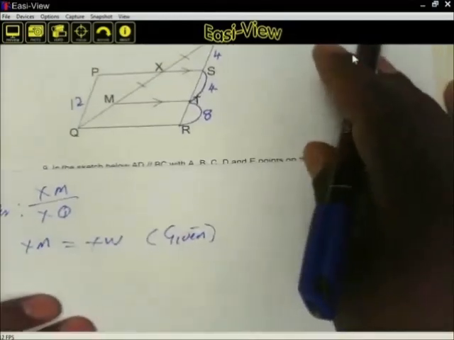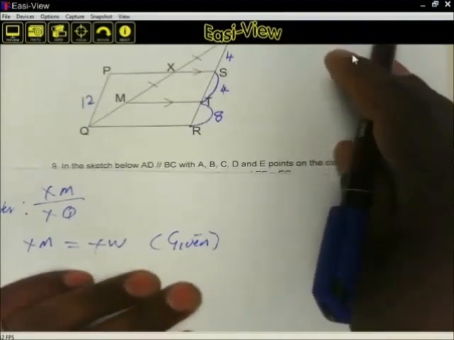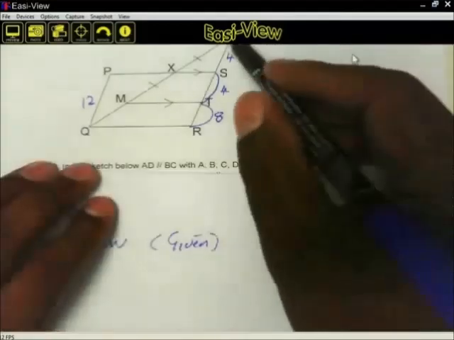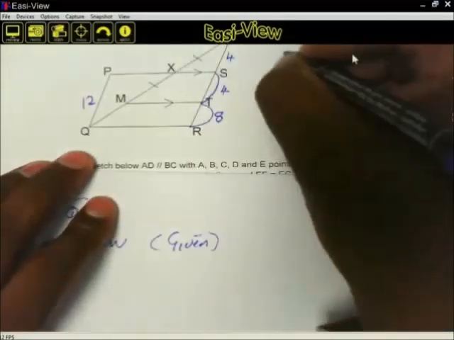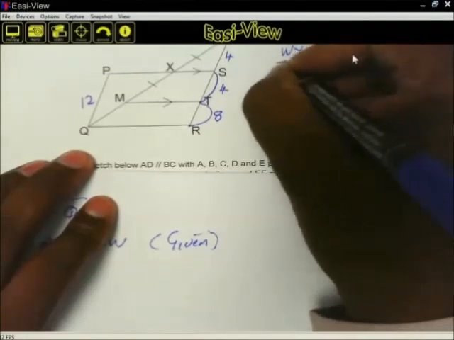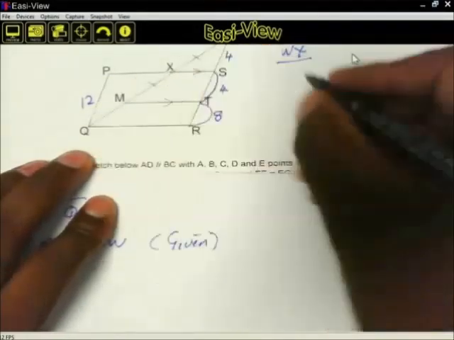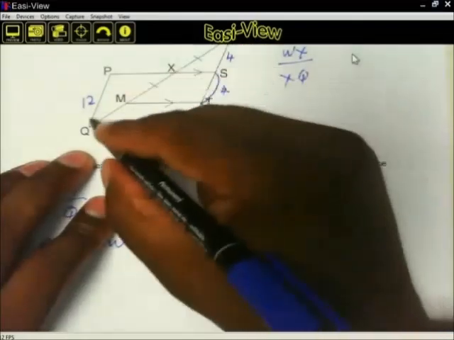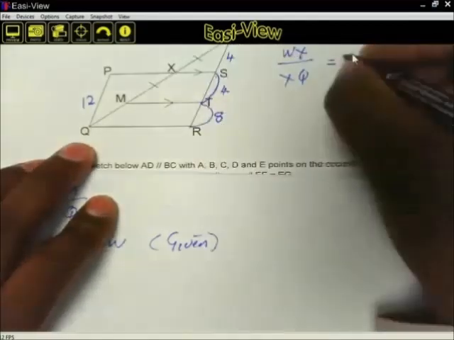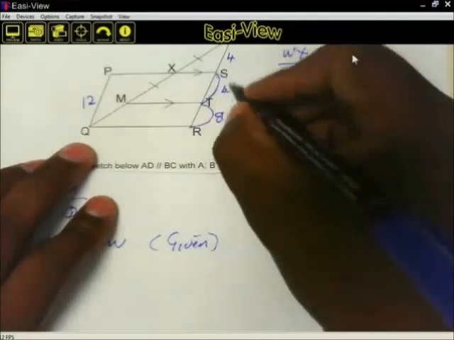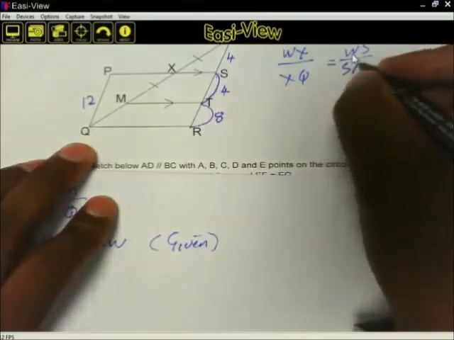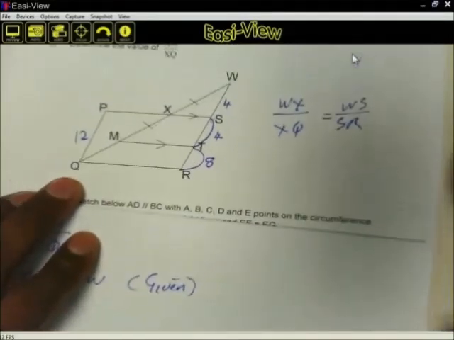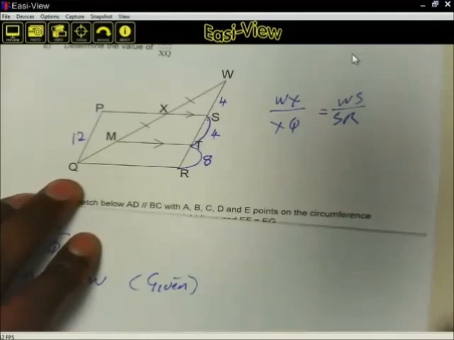Therefore, let's work out the ratio of WX over XQ. You remember the theorem: a line parallel to a side of a triangle cuts the other two sides so as to divide them in the same proportion.